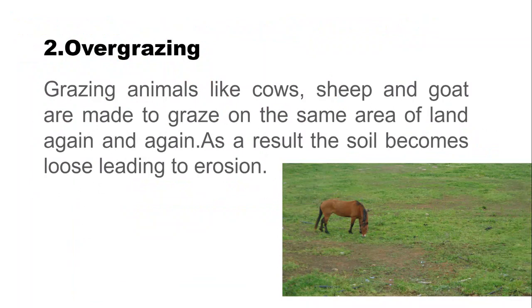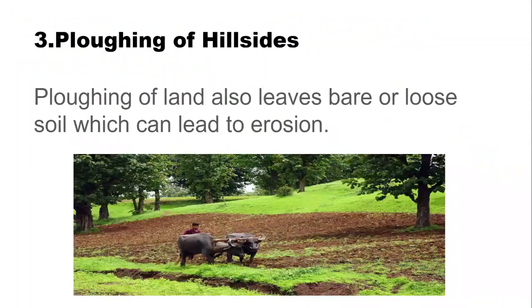As a result, the soil becomes loose and it can be easily carried away by the strong wind or running water, leading to soil erosion. So, children, we should stop overgrazing if we want to prevent soil erosion.